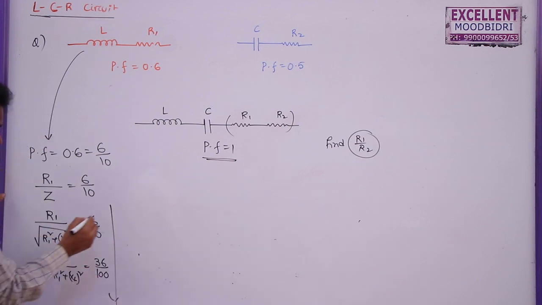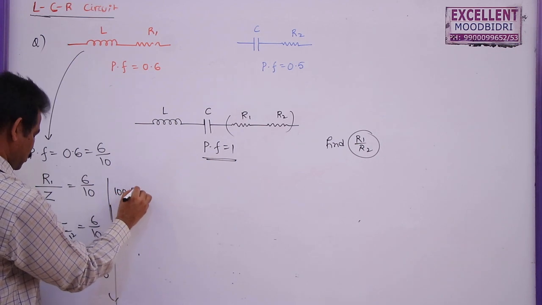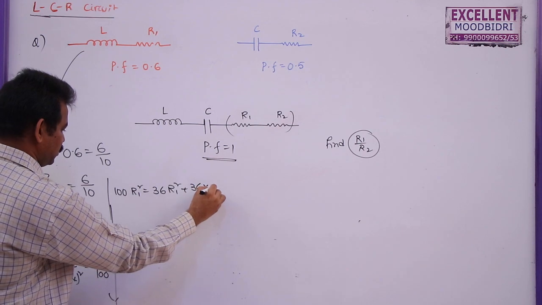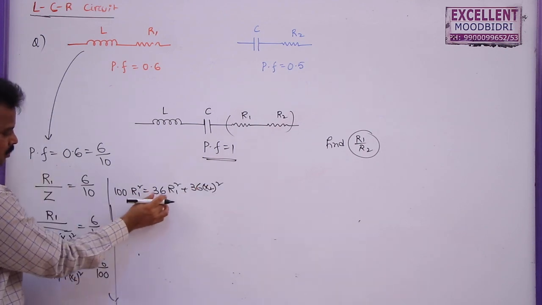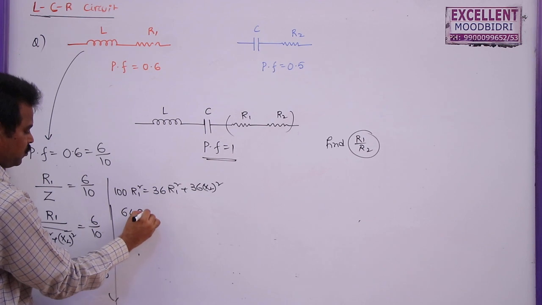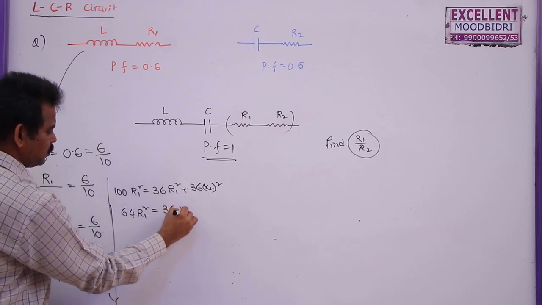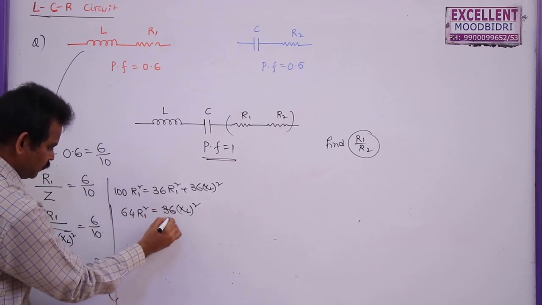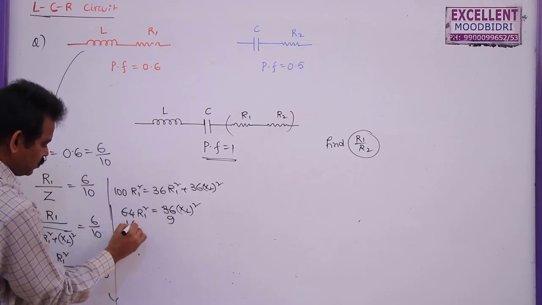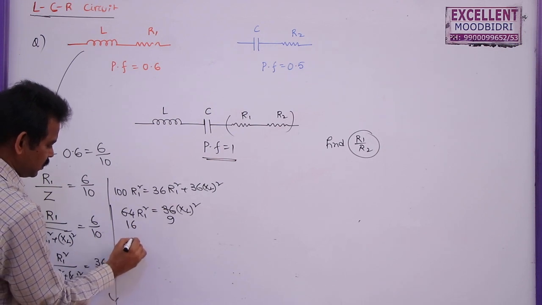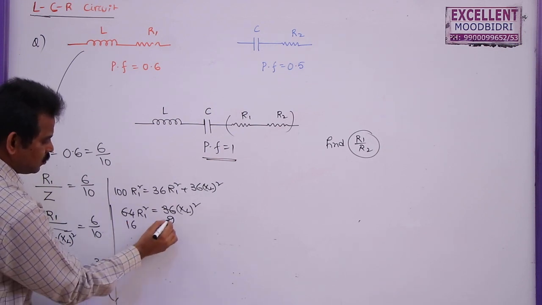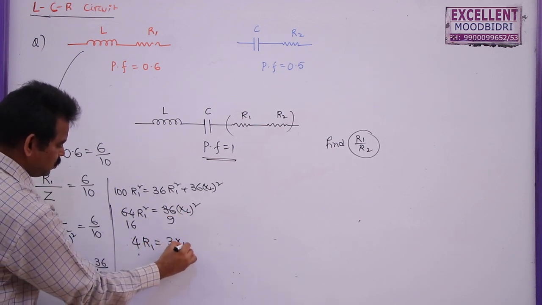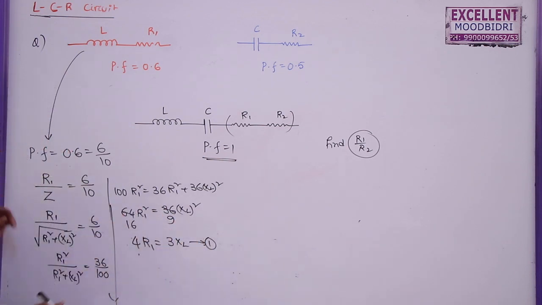So from this, by cross multiplication, 100 R1 square is equal to 36 R1 square plus 36 XL square. 100 minus 36 will be 64 R1 square is equal to 36 XL square. So now you can cancel this, 4 9s, 4 16s. So this can be written as 16 R1 square is equal to 9 XL square, or taking the square root on both sides, 4 R1 is equal to 3 XL. This is equation 1.